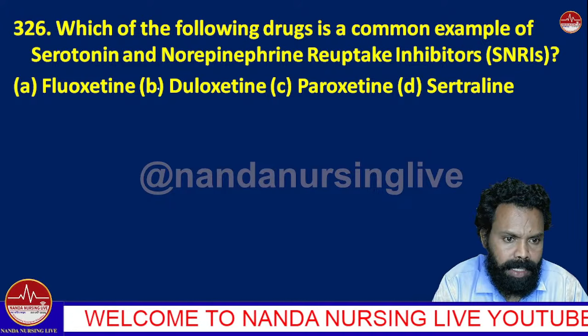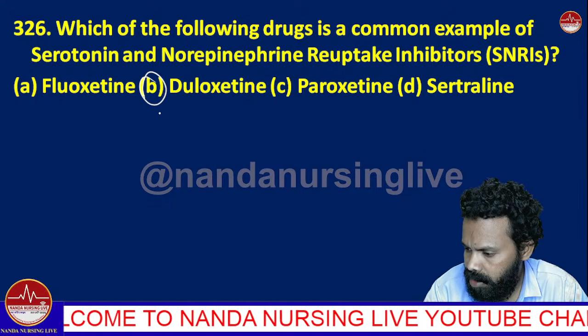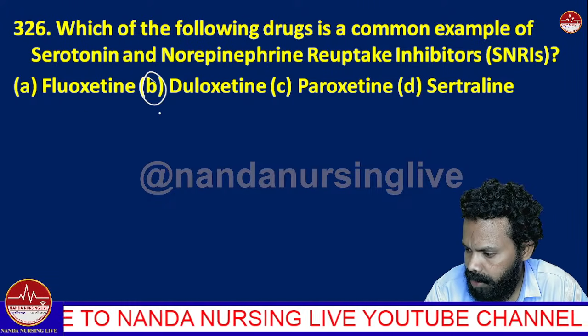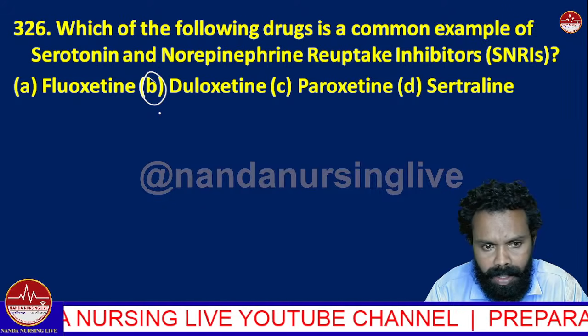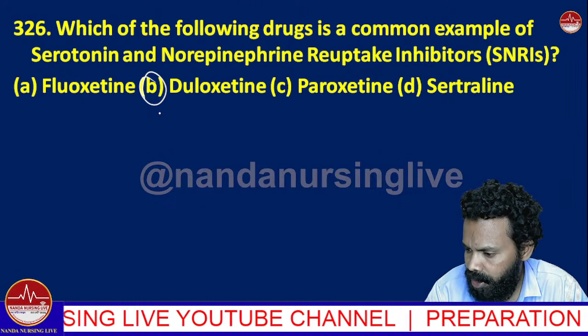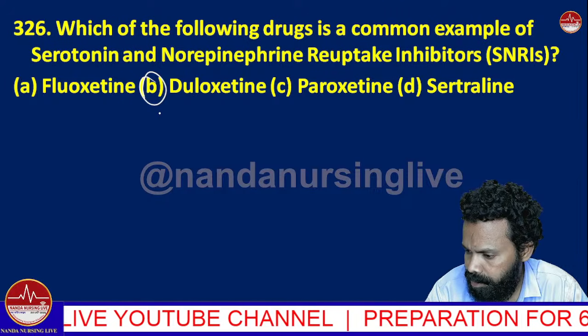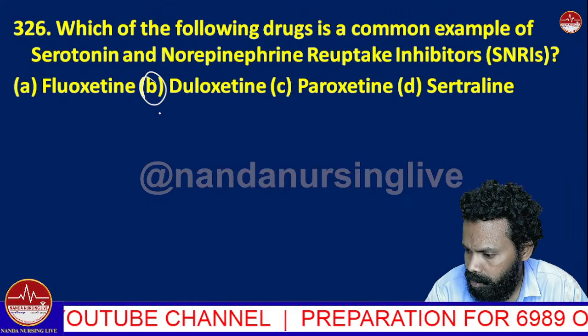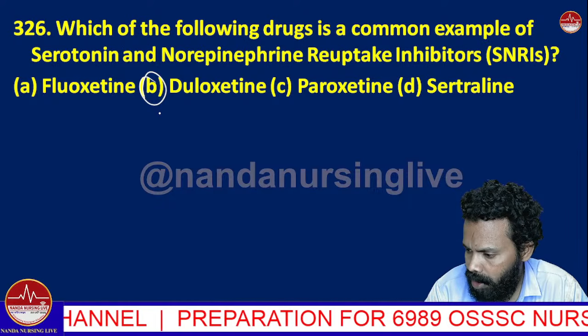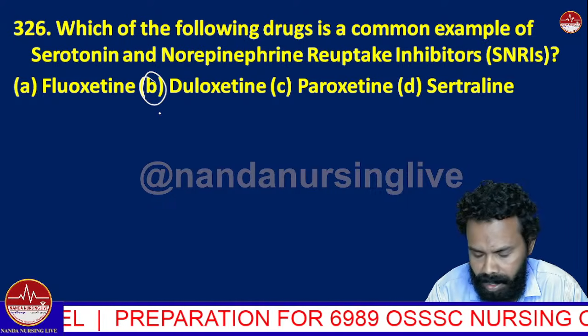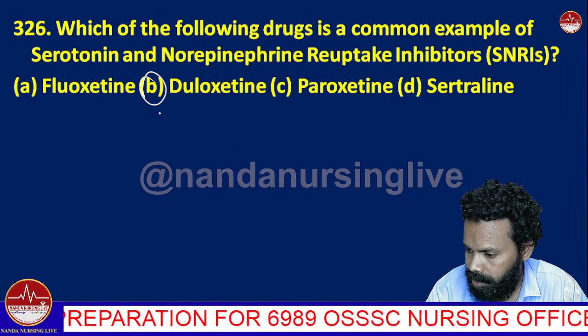So the correct answer is option B, duloxetine. This is an SNRI drug. Duloxetine is a well-known serotonin and norepinephrine reuptake inhibitor. These drugs increase the level of both serotonin and norepinephrine in the brain, right?